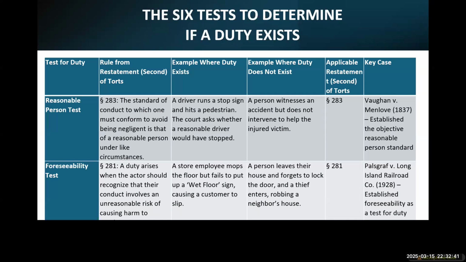So for the foreseeability test, I'm in element one, I'm under duty. What is the foreseeability test? I am trying to anticipate that if I act a certain way, if I conduct myself a certain way, if I behave a certain way, who, if anyone, will be negatively impacted by that?